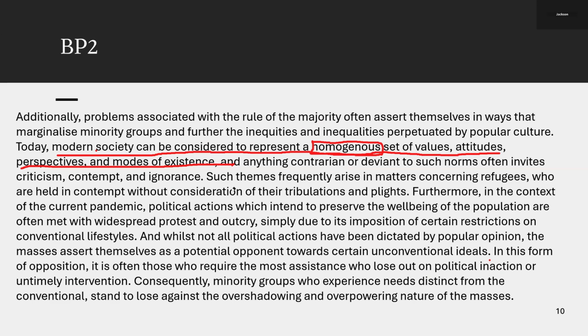And then because of what we had in terms of not elaborating and connecting to this key point, we have this other weakness of inadequate linkage to the overall contention. So you think about it like this. Minority groups have lost out against the overshadowing and overpowering nature of the masses. But then how does that relate to the democratic process?